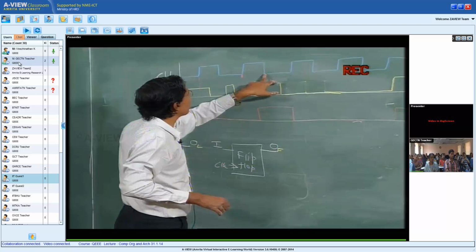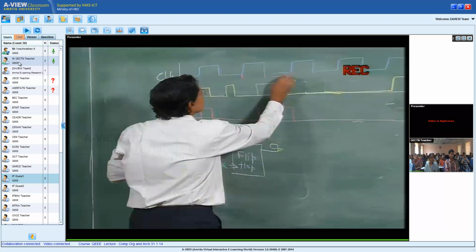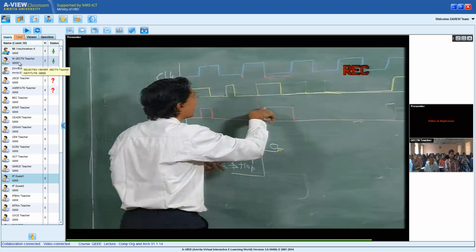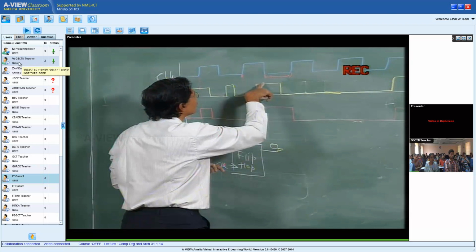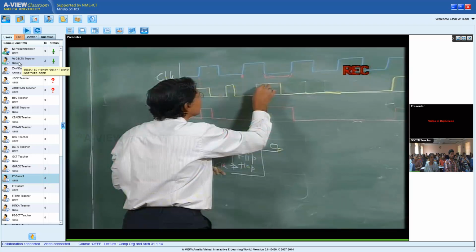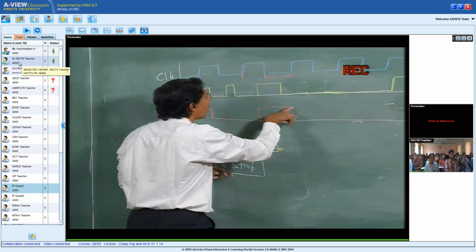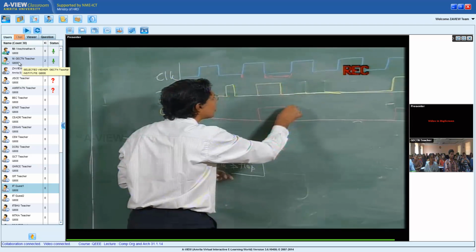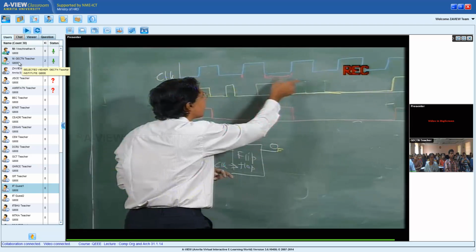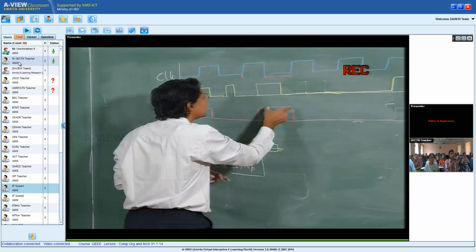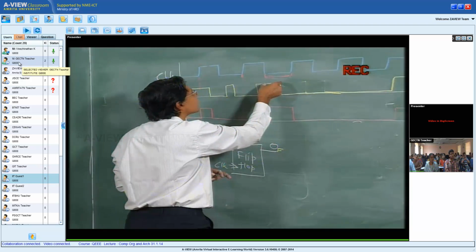For example, the clock was 1 here, and that value was 1. When the clock was here, that value was 1 on the input. So the output retains that value 1 till the clock becomes 1 next.